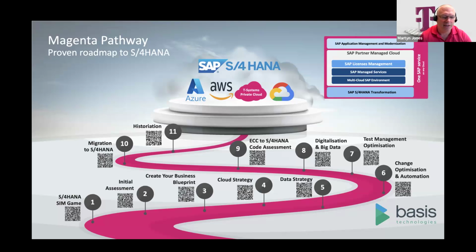If you scan any of those, they will go to another website, which will give you a lot more in-depth detail of each of the offerings that we have. These can be available to customers from T-Systems as a one-stop shop where we do this end-to-end with the customer. And you don't need to be a managed services customer with us to come to us and get information on how to transform your system.